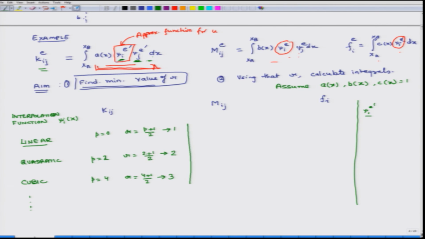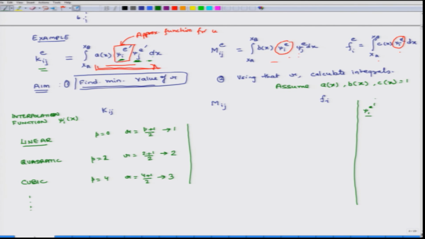So, if I have to integrate to get Kij, then I can use R is equal to 1 for linear functions, R is equal to 2 if psi is quadratic, R is equal to 3 if psi is cubic, and so on and so forth. Now, of course, here we had assumed that Ax is 1 or a constant.